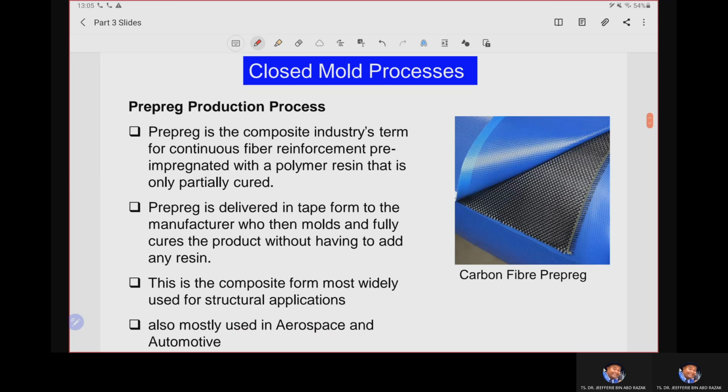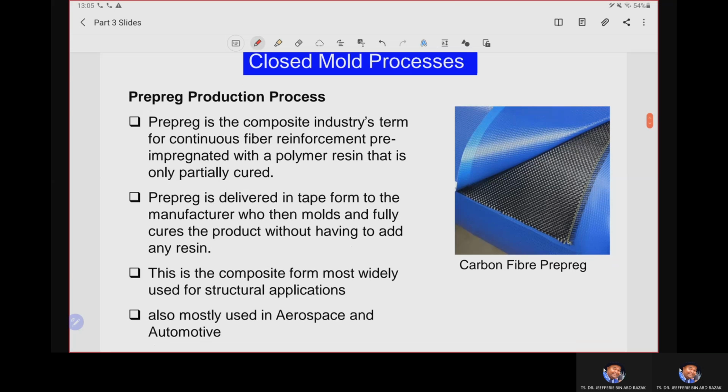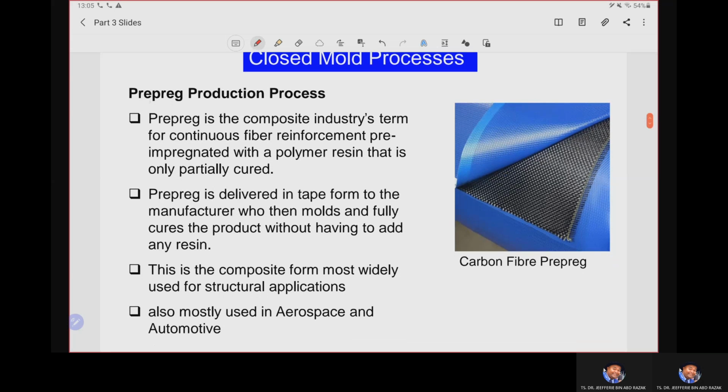At first, we need to understand the terminology of prepreg. What is prepreg? Prepreg is the industrial term for continuous fiber reinforcement that is pre-impregnated.